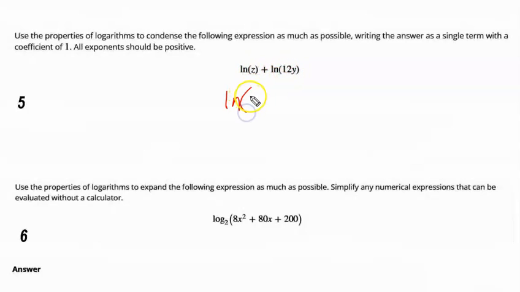So in parentheses, 12, you put it alphabetically, YZ. So again, in an expanded form, this is 12 times Y times Z. They could have separated these as well somewhat, but this is its condensed form.